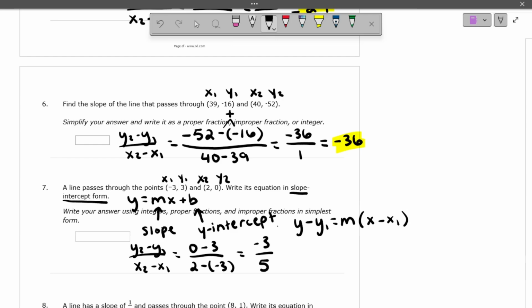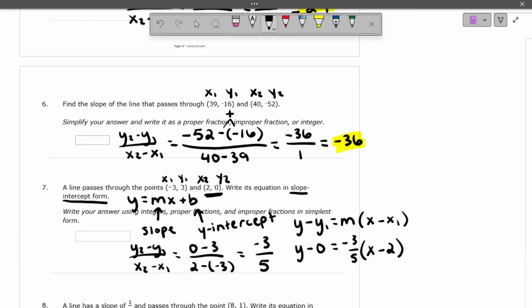And then we're going to plug in some points. So I'm choosing to plug in points from this one here, our 2, 0. You can plug them in from whichever one you want, but I am just choosing this one since it has a 0 in it. So y minus 0 is equal to negative 3 over 5 times x minus 2.